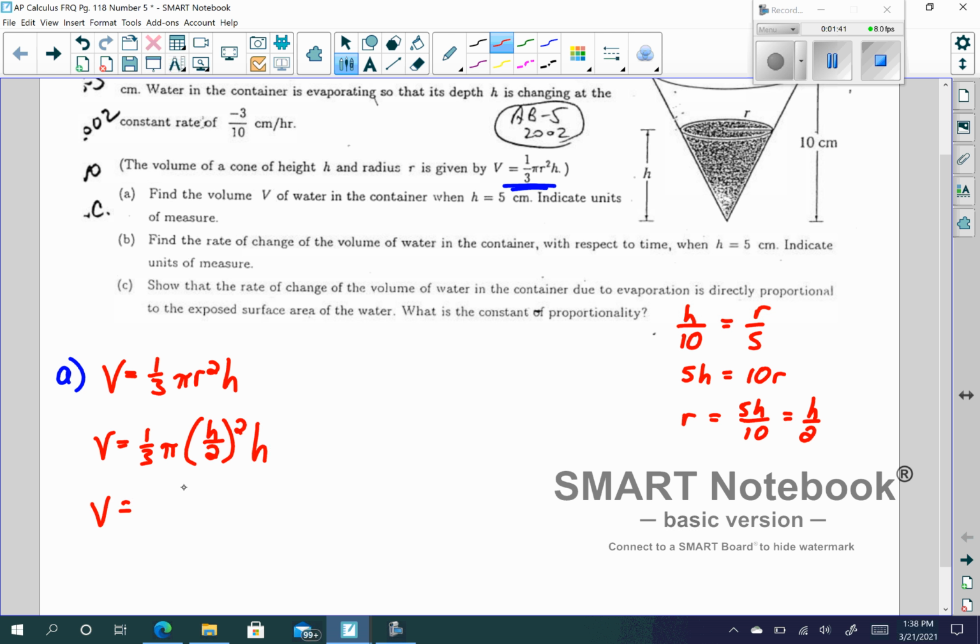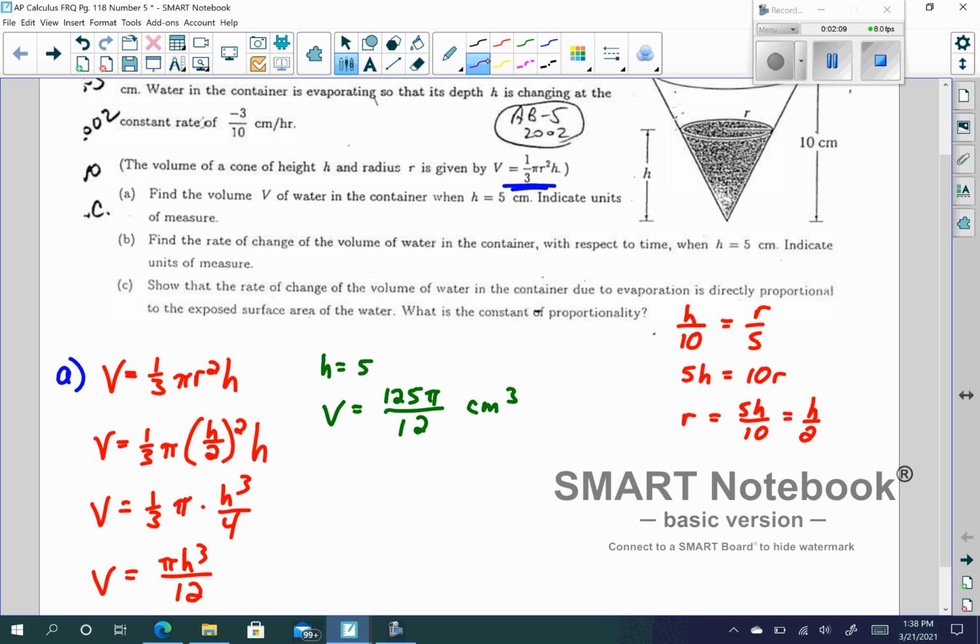And we'll simplify this, so we'll get 1/3 pi times h cubed over 4. So we'll say pi h cubed over 12. So that is part A. Now we have to evaluate still. So when h is 5, the volume is just going to become 125 pi over 12 cubic centimeters.